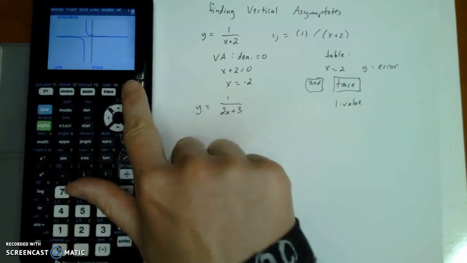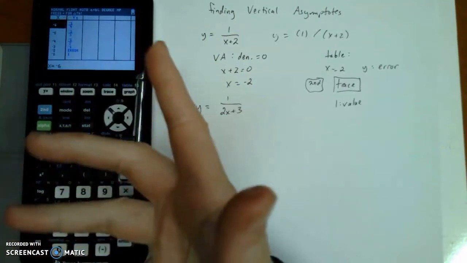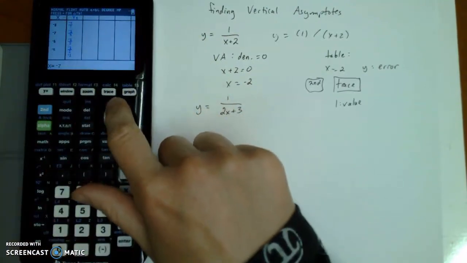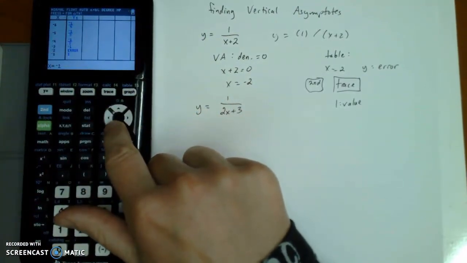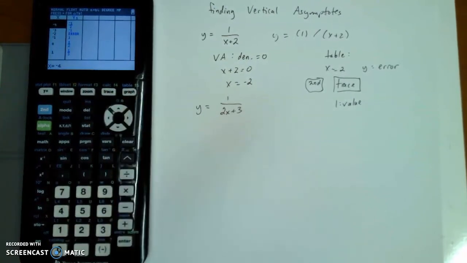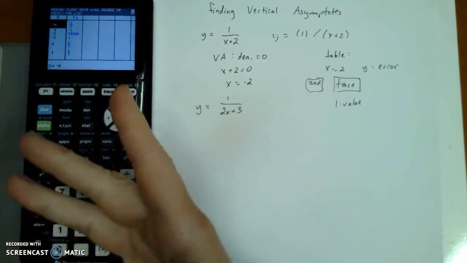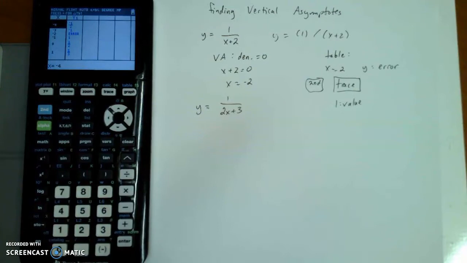Because, as I always tell students, you'll notice the default for that table is my x values are only integers. I can scroll up and down and get more integers, but as a default, it is just integers. Now, I do have a different video that shows you how to change it, but as normal, we do have just integers here.